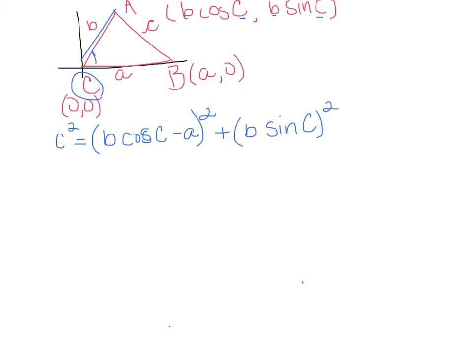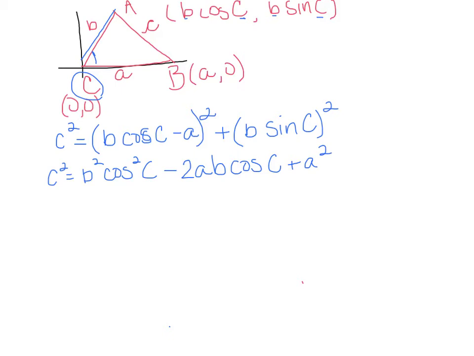Now we have to expand this. Remember foiling? So when we FOIL, we get that c squared is equal to b squared cosine squared of c minus 2ab cosine of c plus a squared.